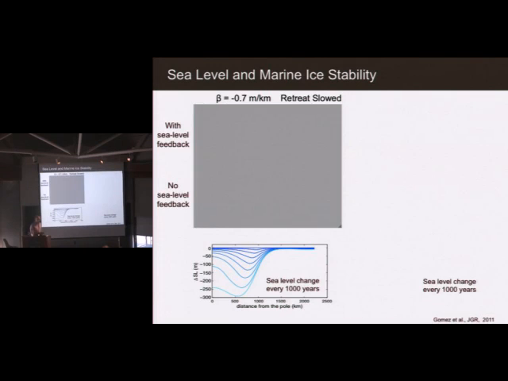Okay, shall we try this? Bill? Okay, so this is going to be a model of the evolution of that ice sheet when it's placed on a bed with a relatively high bed slope. You saw it work the last time.